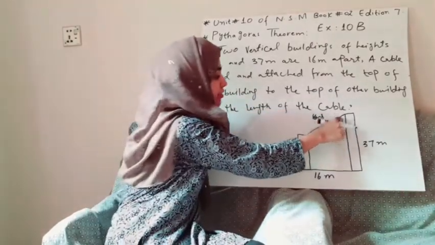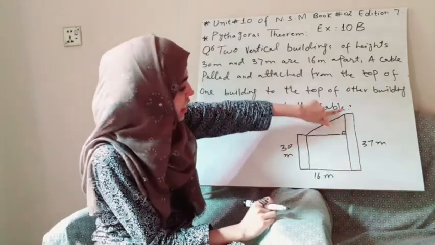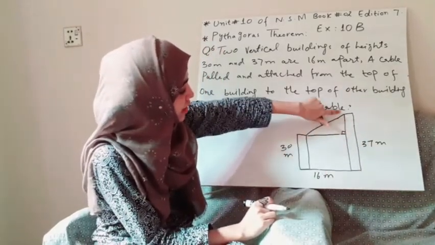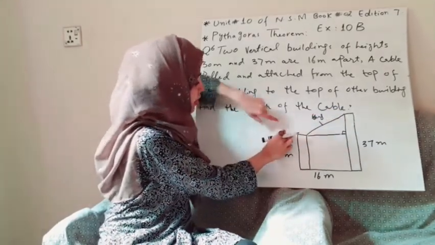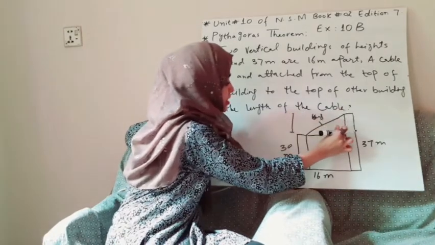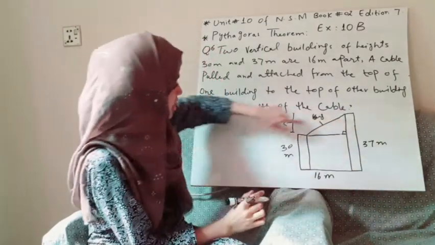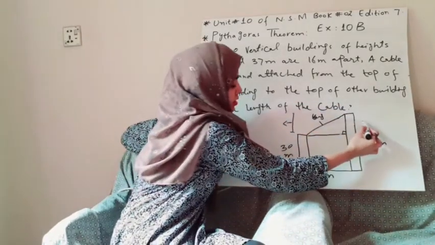And how can we find this other distance? We are given the total height of 37 meter from here to here, and 30 meter from here to here, so the remaining distance from here to here is this one. How can we find this one? By subtracting 30.